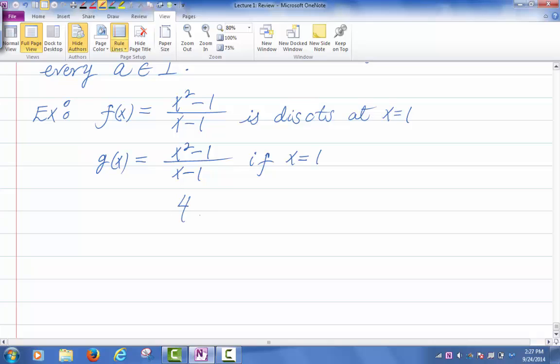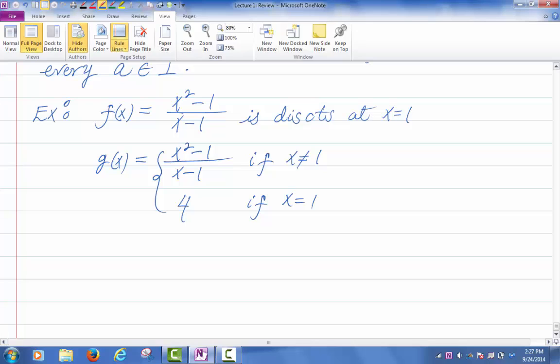But otherwise the value of the function is 4. So when x is equal to 1, the value of the function is 4. Now the function g is defined at 1, right? Its value at 1 is given by 4, right? Is this function continuous or discontinuous at 1?